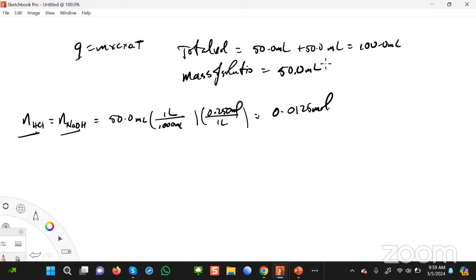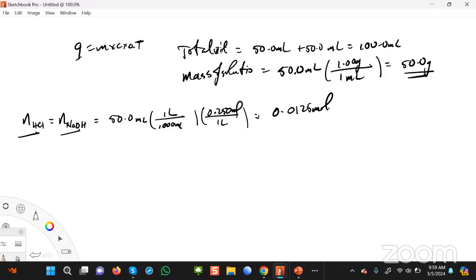multiplied by the density. Now, even though it is not pure water, because it's a solution of both hydrochloric acid and sodium hydroxide, we can assume that the density is going to be the same as water, because it is usually the case for such solutions, right? So I'm going to put 1.00 grams here, multiplied by 1 mL, and that will give you 50.0 grams, right?